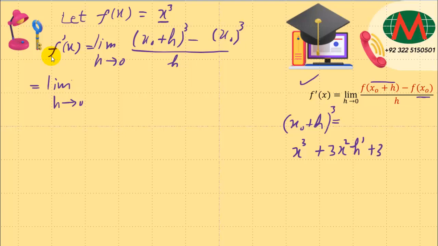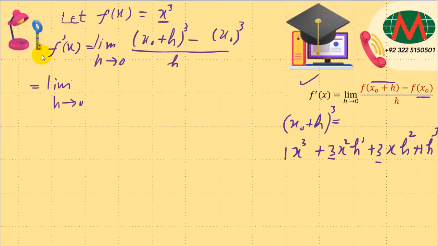Then 3, we reduce the power of x and we keep on increasing the power of h, and then we have just h cube, because now x will have power 0, and something power 0 is 1, so we will not write that. And you should remember these coefficients 3, 3. It is 1, 3, 3, 1 for cubic expansion.